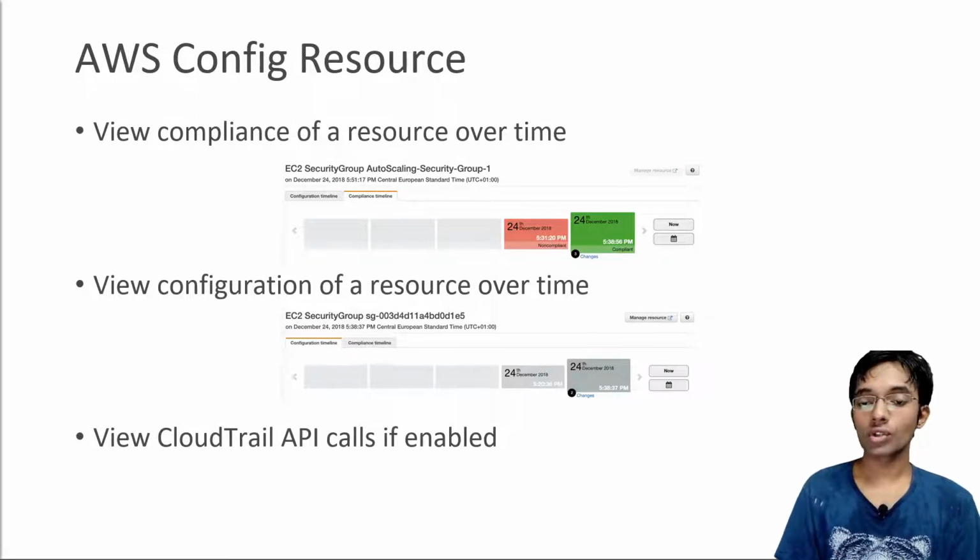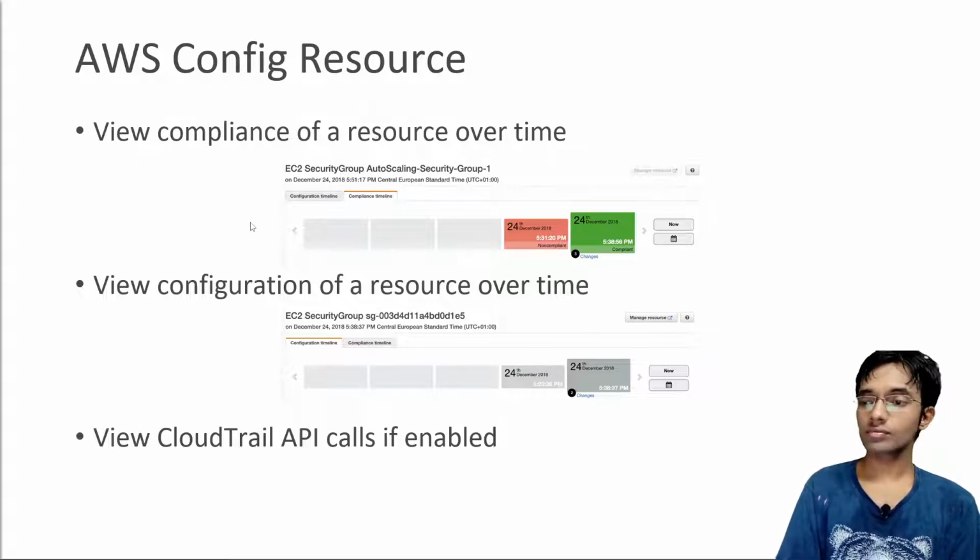You can view the resource configuration over time, so you can see when the changes happened and what changes happened. And finally, in case you have CloudTrail API calls enabled, you can view who made these changes and when, directly from AWS Config, which is very handy.